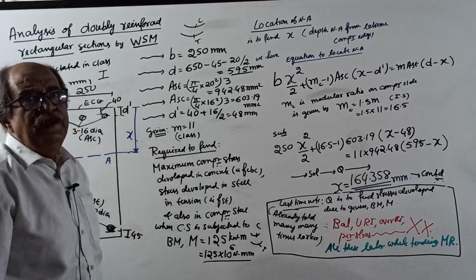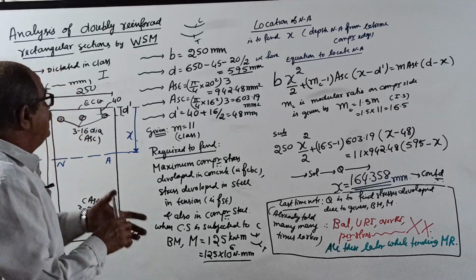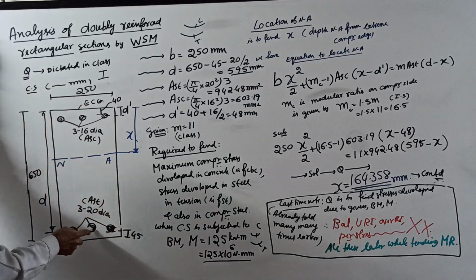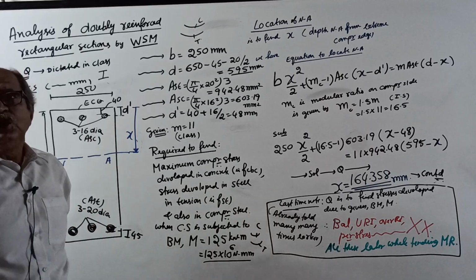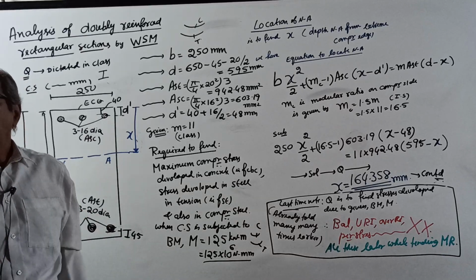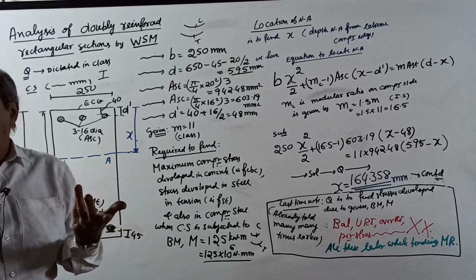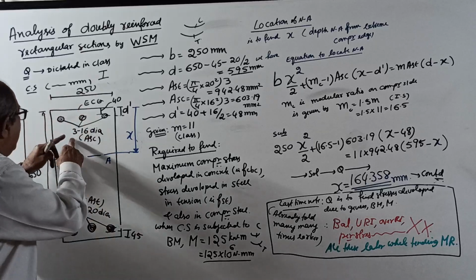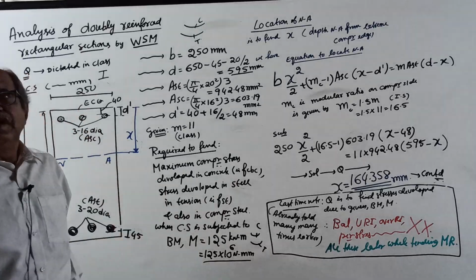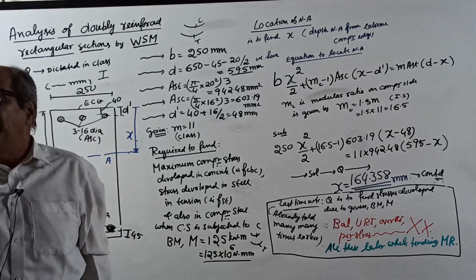The beam is reinforced on tension side by 3 bars of 20 mm diameter. See, I am not giving Fe 500 etc. Why? Because you are applying bending moment, what grade of concrete and steel does not matter. You require the grade when you go to strength.